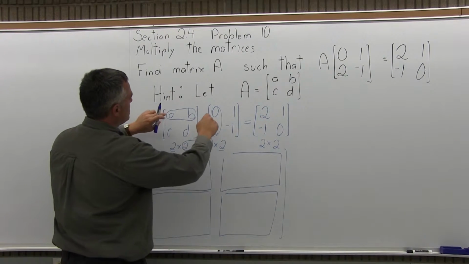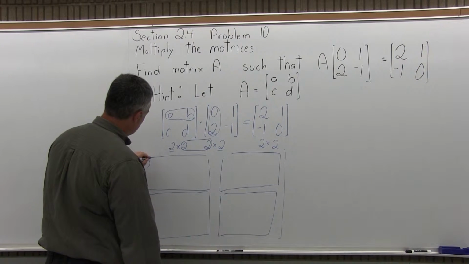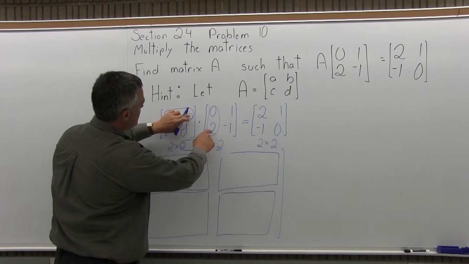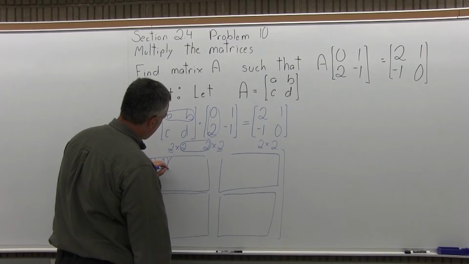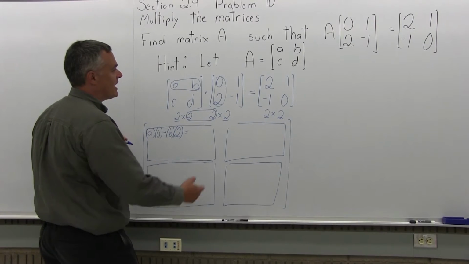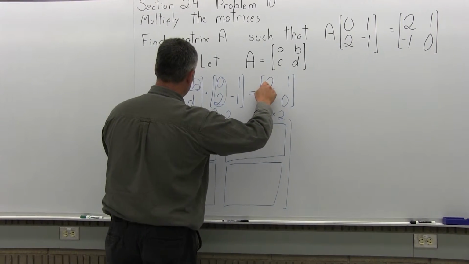So now when I multiply first times first, I have a times 0 plus second times second will be b times 2. And that has to equal the value in the top row and first column of the solution, which is 2.